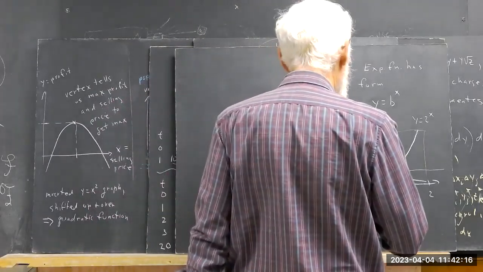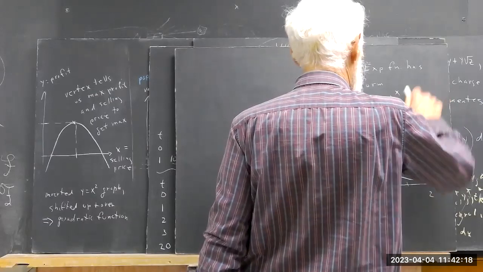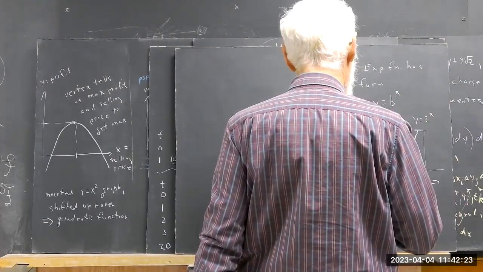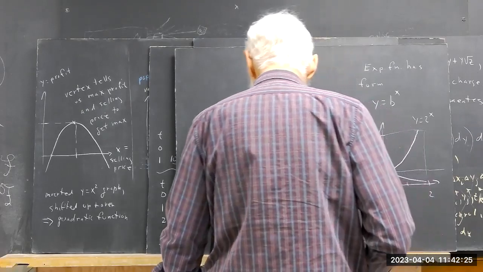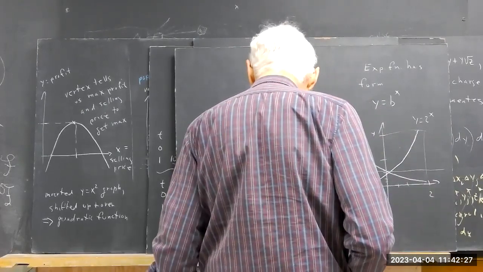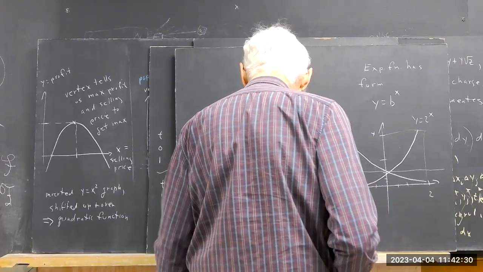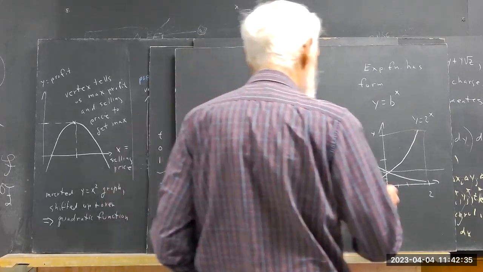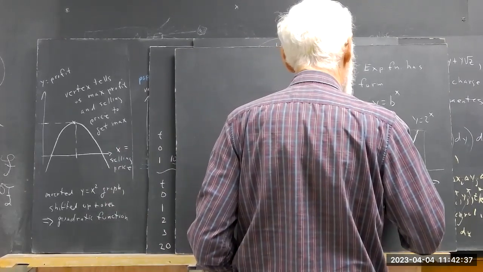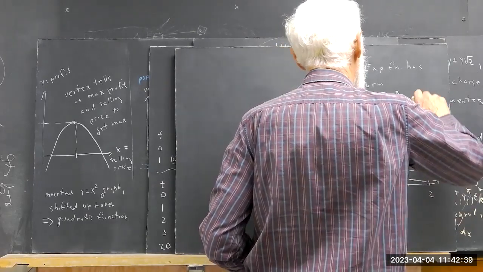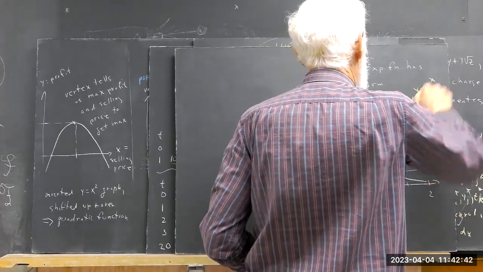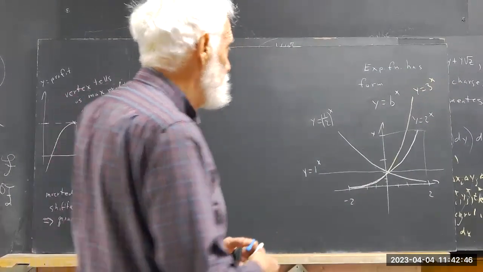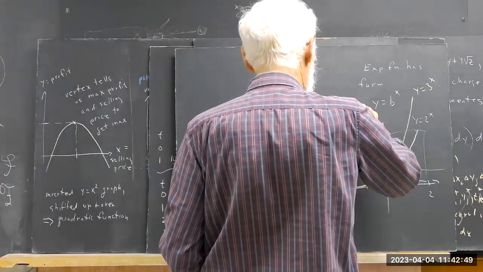y equals 3 to the x. First graph will be made a lot more carefully. Here's y equals 3 to the x, and y equals 1/3 to the x.